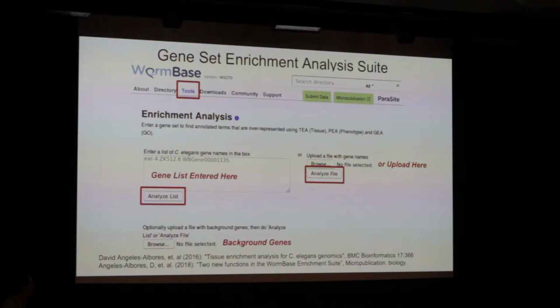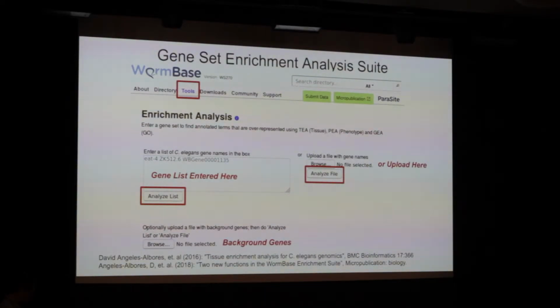This is a tool where you take the list and run statistical analysis against all the genes we have annotations for, to see if specific aspects of biology appear within your list of genes.